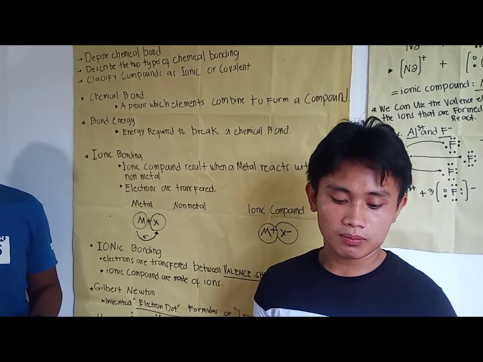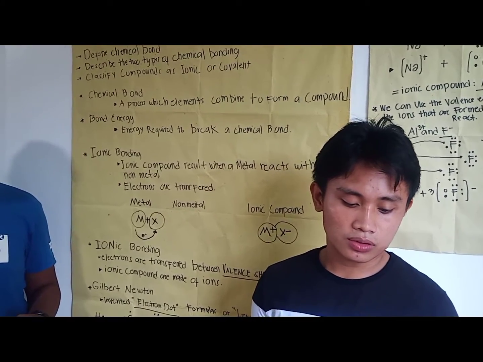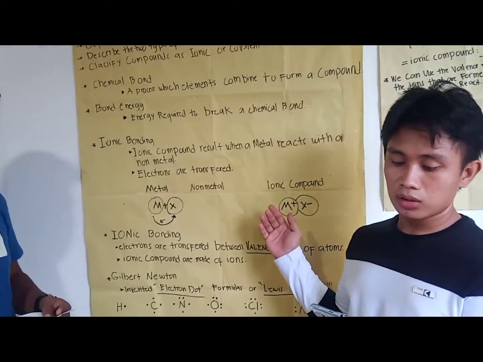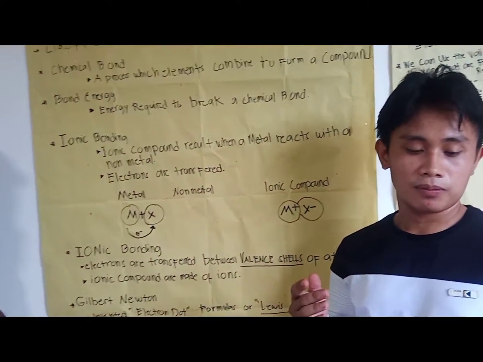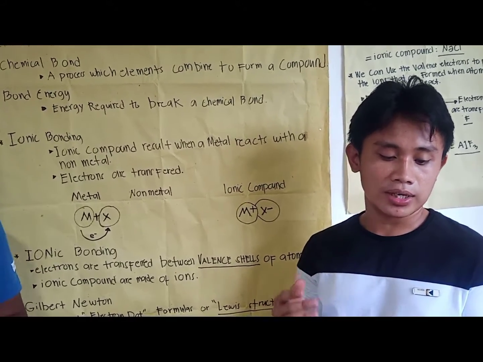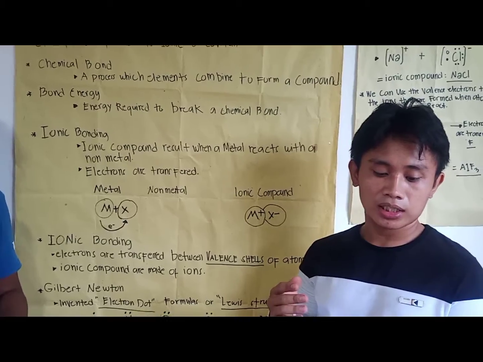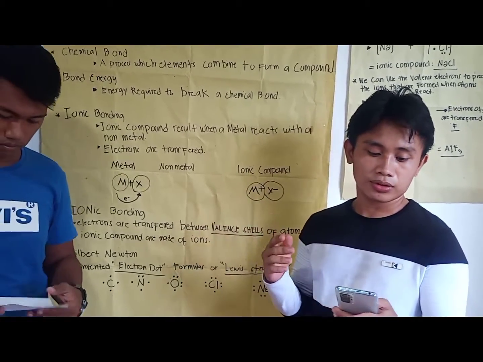Such a bond forms when the valence, outermost electrons of one atom are transferred permanently to another atom. The atom that loses electrons becomes a positively charged ion, which is a cation, while the one that gains becomes a negatively charged ion, which is an anion.